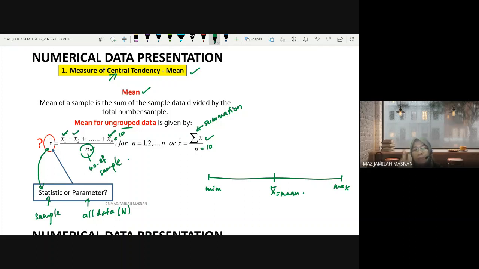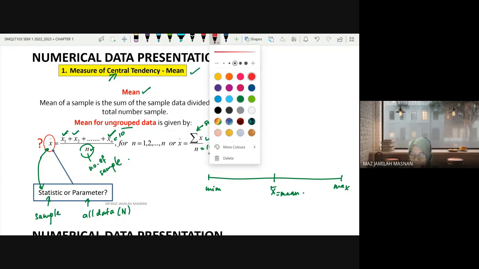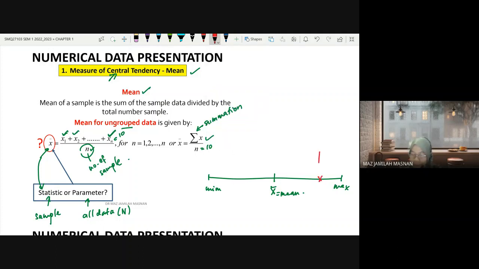If most of your data are very large, then your X bar will move to the right, if your data contain too many big values. But if most of your data are very small, but some of them have a maximum value, then it will move to this particular part.